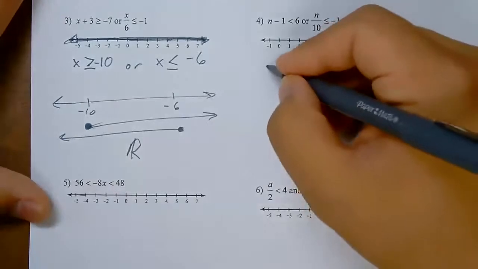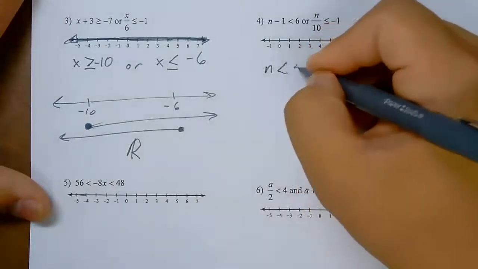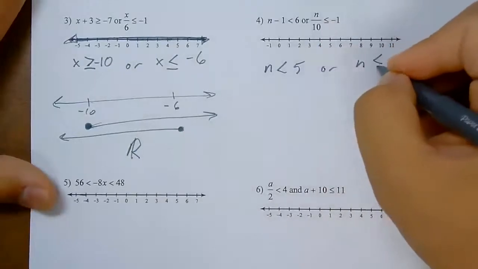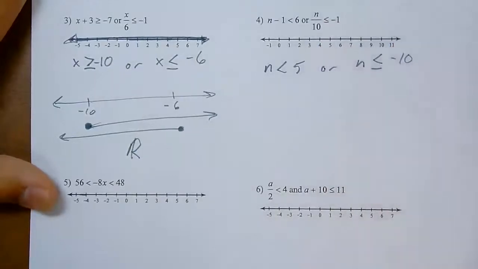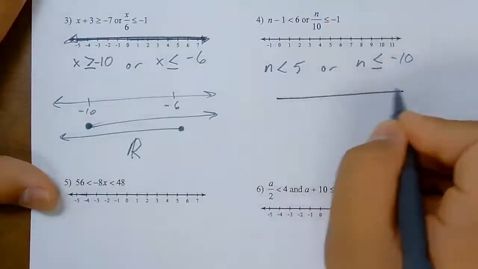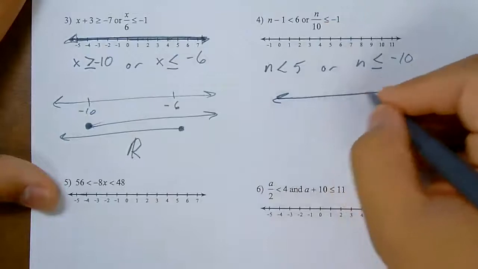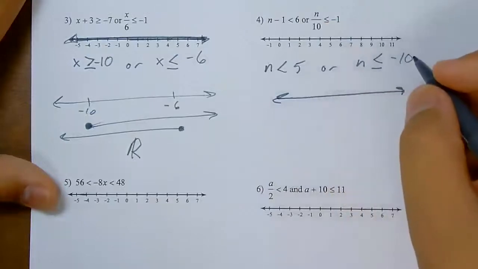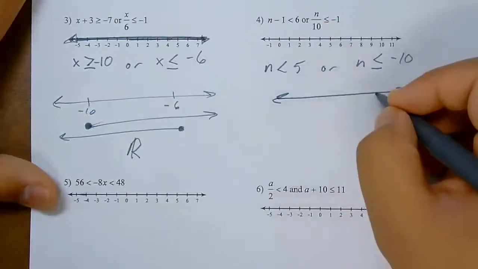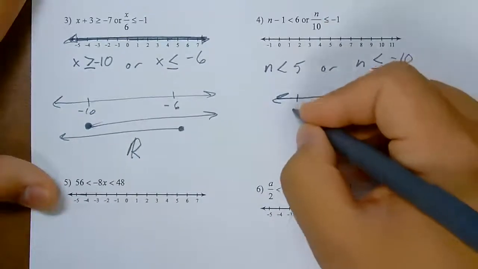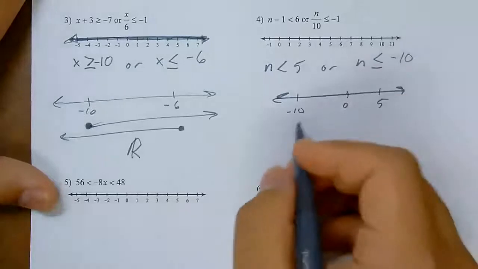Okay. Let's take a look at number 4. Again, simple inequality to solve. We have n is less than 5, or n is less than or equal to -10. Okay. Again, let's do a quick practice. So we have 5, 0, -10.